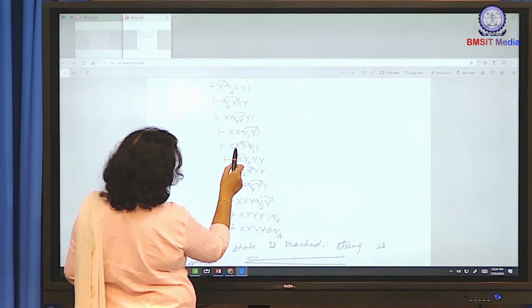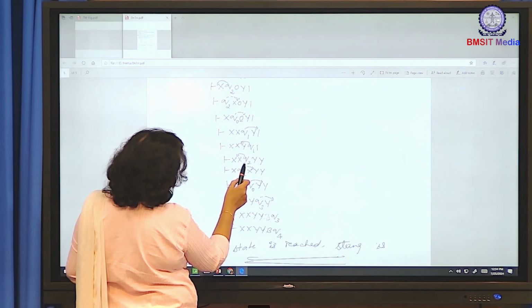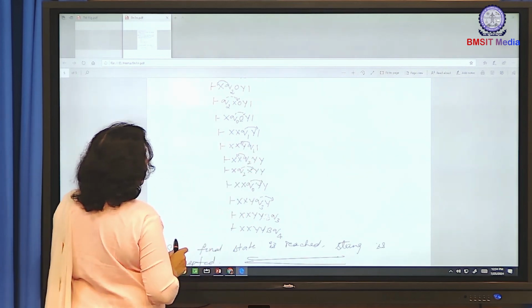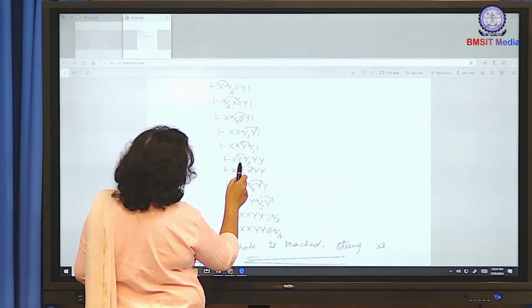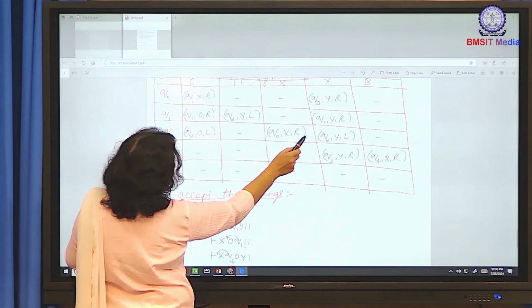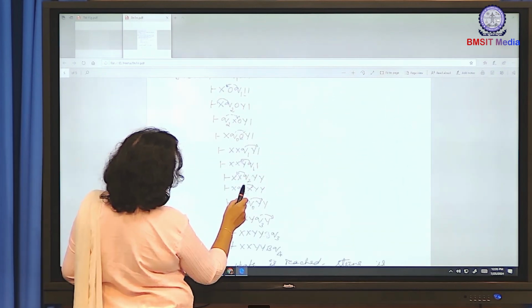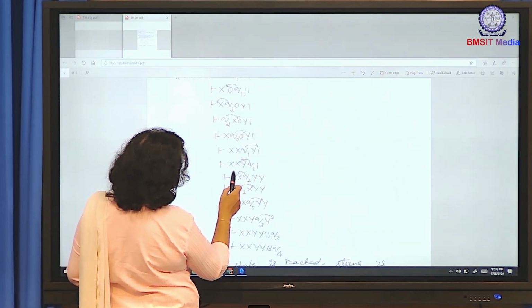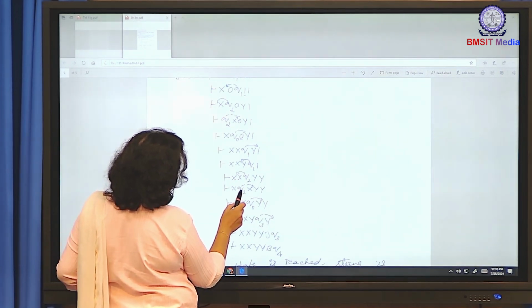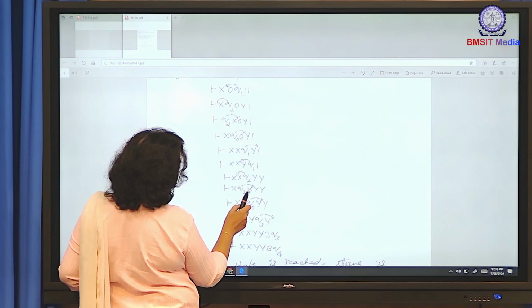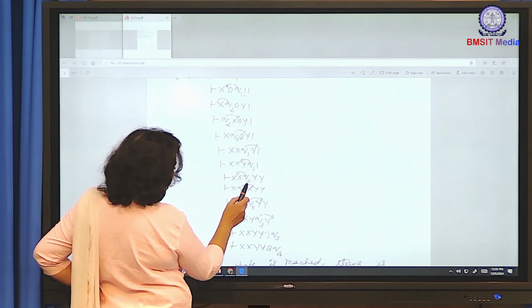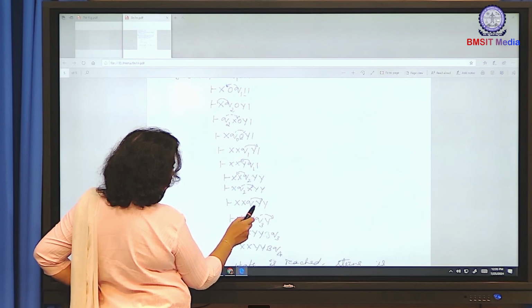So you come to the left: X, Q2, X, Y, Y. Q2 on X changes to Q0. So now: X, X, Q0, Y, Y.